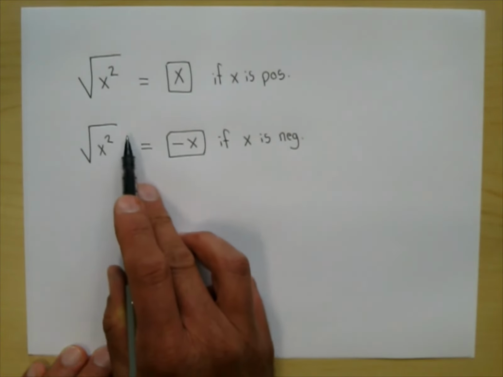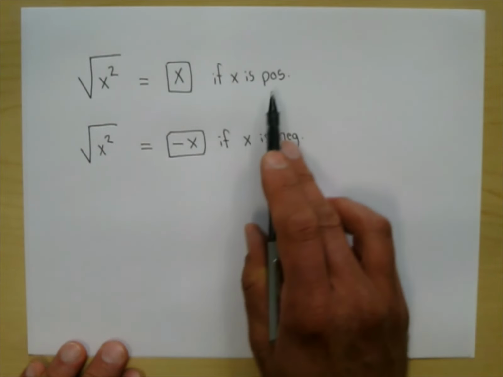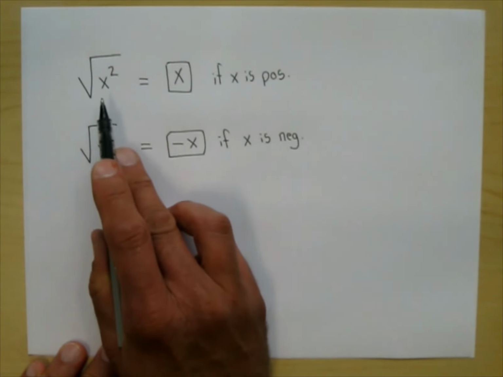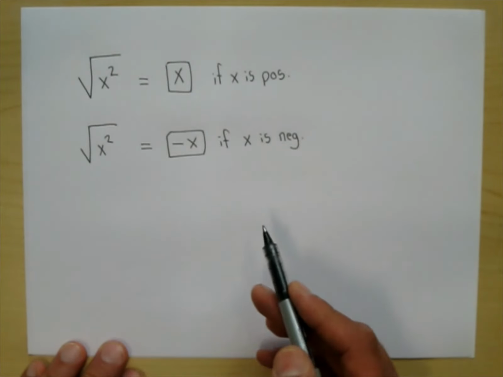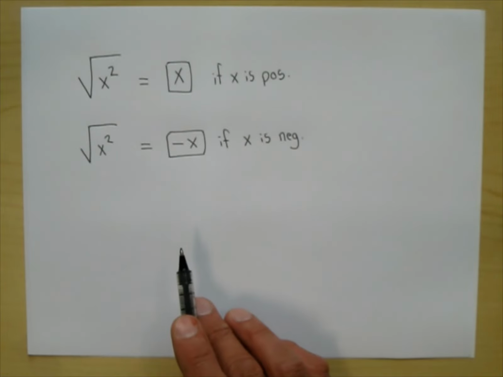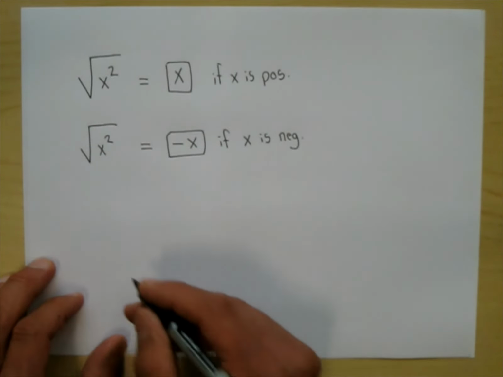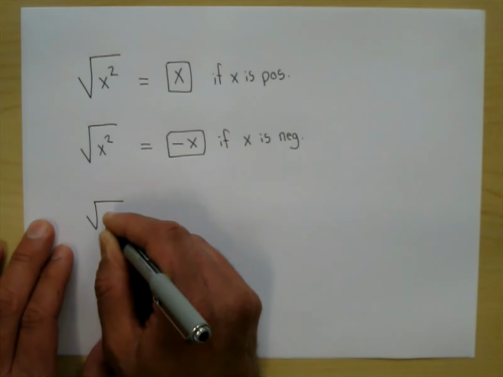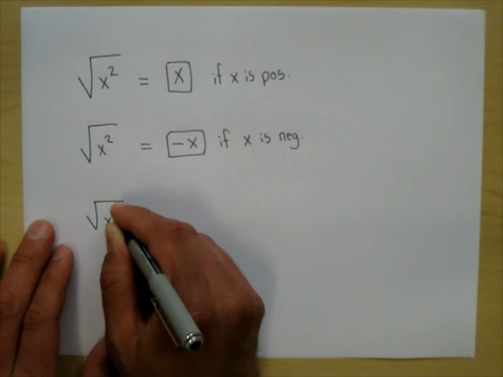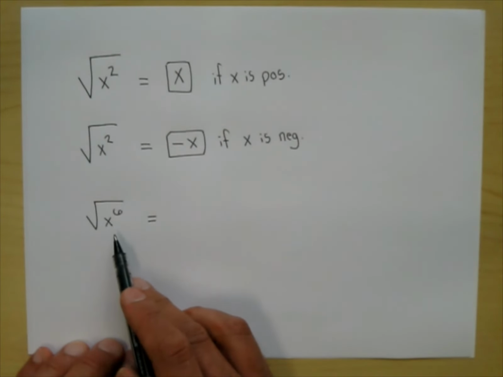So you may have had something like this in an algebra class, and they would say, well, if you want to cover all bases, you would say the square root of x squared equals the absolute value of x. Now, I don't want to freak us out too much, so I'm not going to write that. But I'm going to give you another similar problem. Like if you had the square root of x to the 6th. Well, square roots take out pairs.